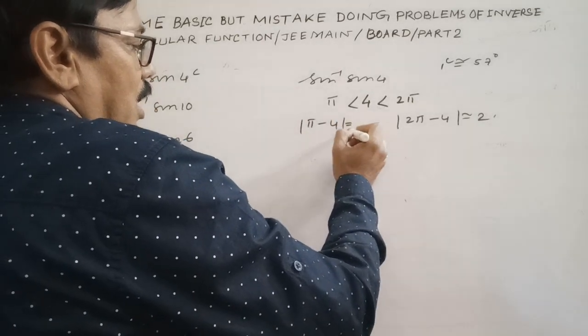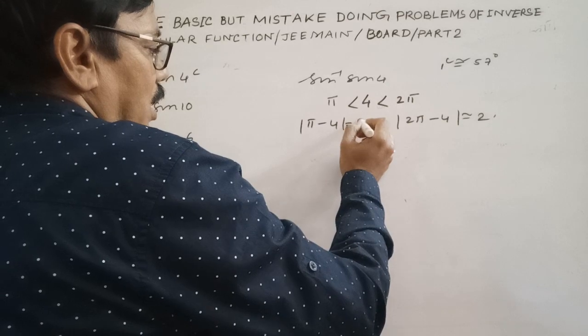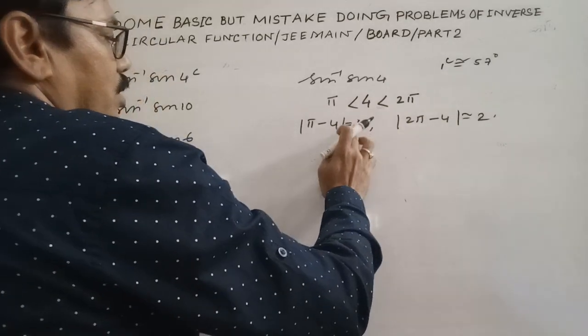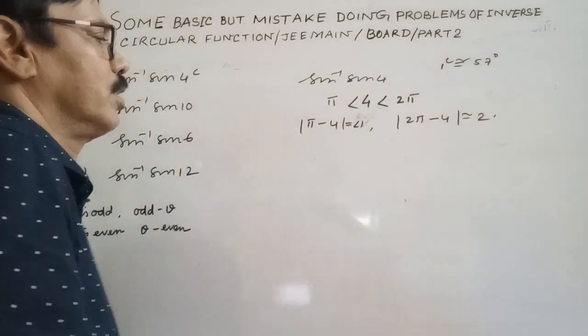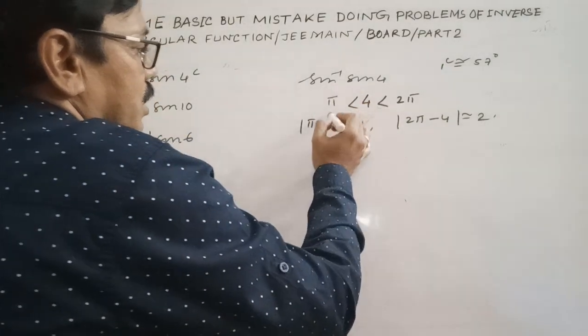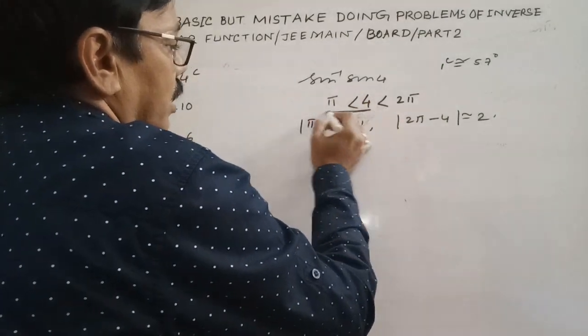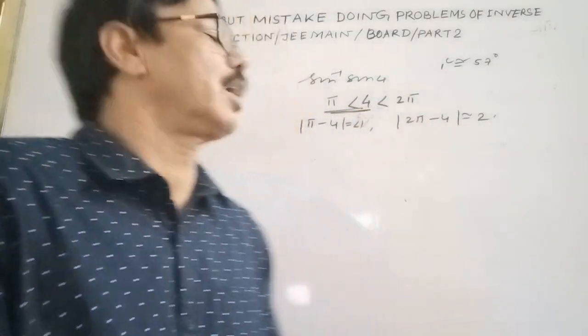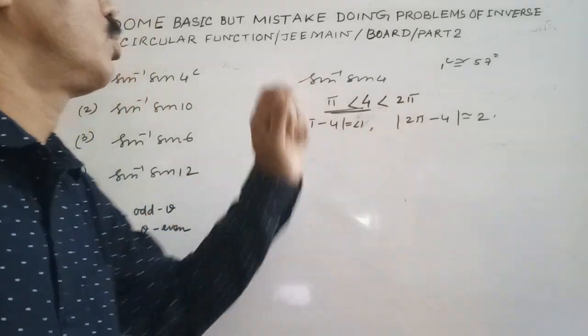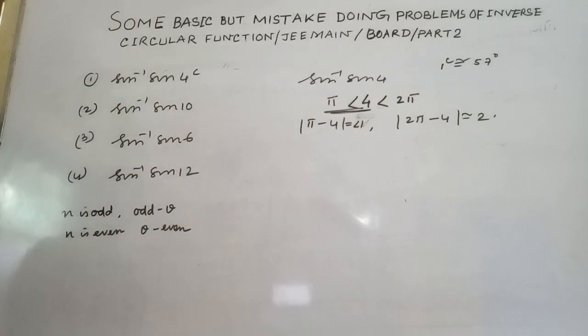So it is less than 1. This is less than minus 1. So if you take the mod, this is less than 1. So this one is nearer. Pi minus 4 is nearer in comparison to 2 pi minus 4.